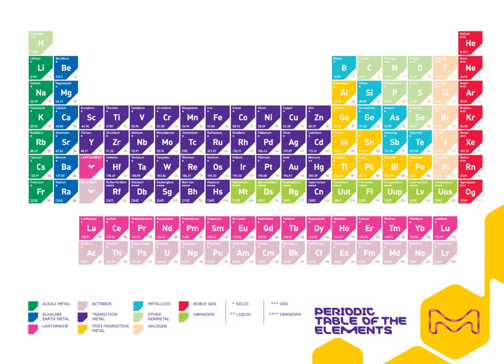Remember, nuclear reactions produce the most energy of any type of reaction we have learned about. The amount of energy produced in a nuclear reaction is defined through Einstein's theory of relativity, E equals mc squared.